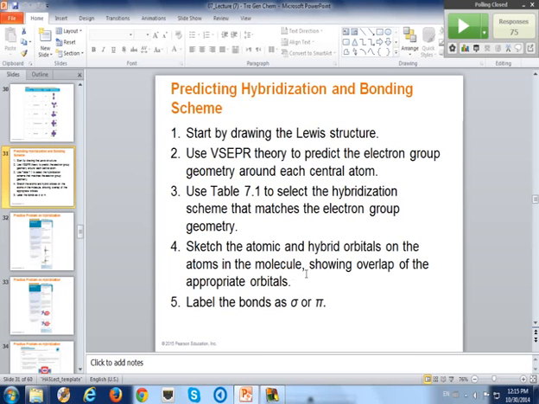And then you can sketch the atomic and hybrid orbitals on the atom in the molecule, right, showing the overlap of these orbitals on the central atom with the overlap of the orbitals of the peripheral atom. And notice in this class, we only consider hybridization of orbitals on the central atom, right?